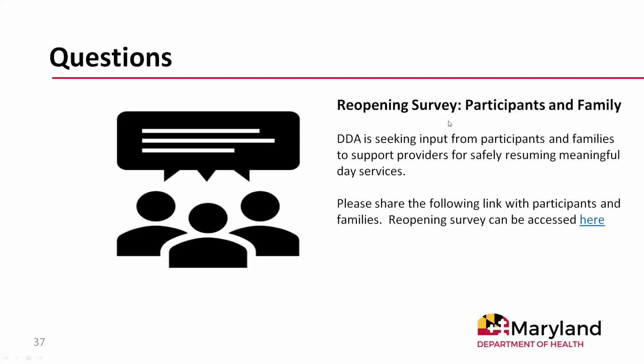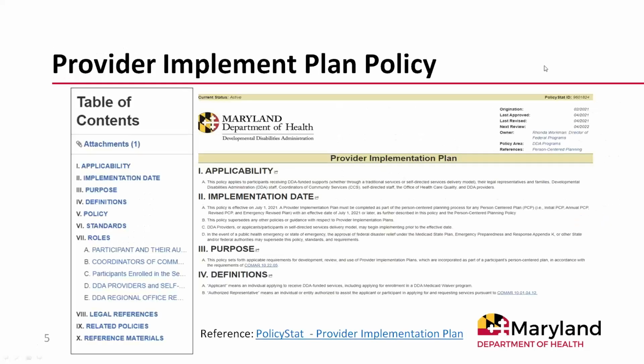While Donna's going to slide 5, if you go to the DDA website, in the top banner there will be a link to what's known as Policy Stat. When you click on Policy Stat, you can select by different categories.